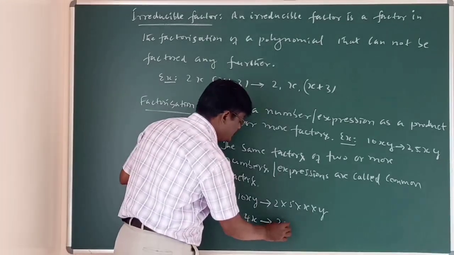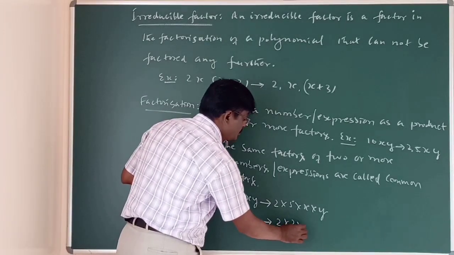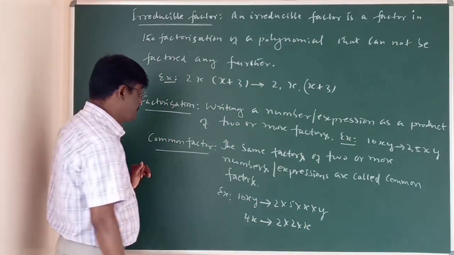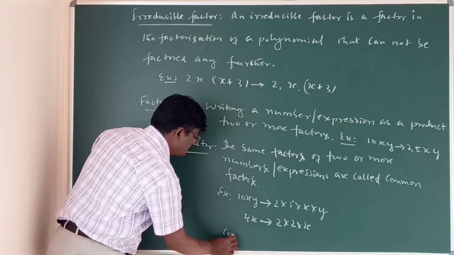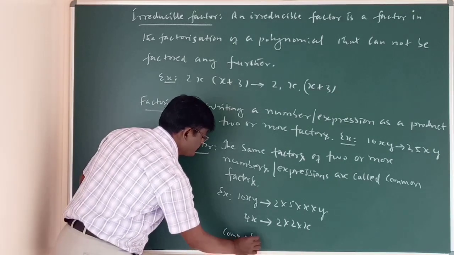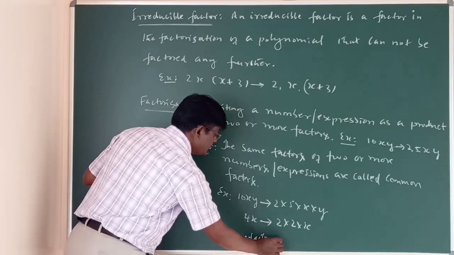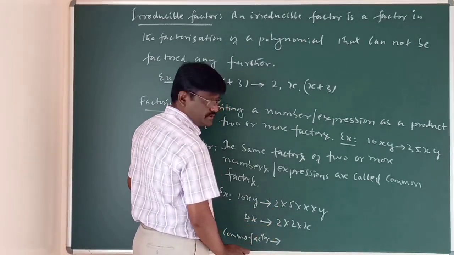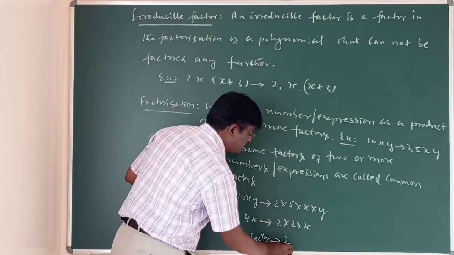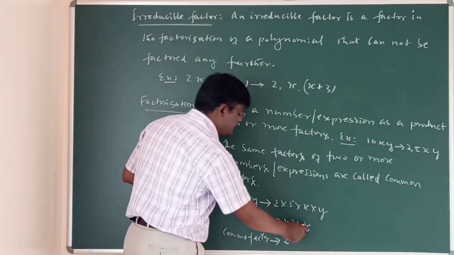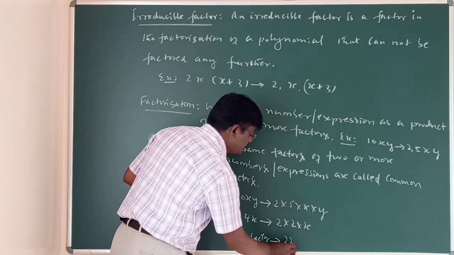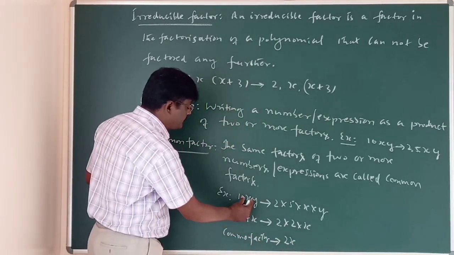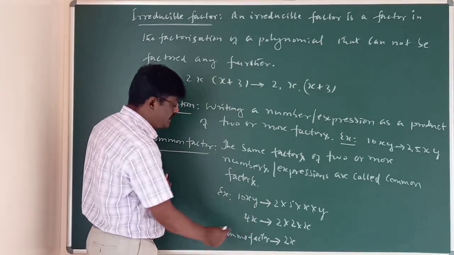This can be written as 2 into 2 into x. Now, what about the common factor? Here we have 2 common, then x is common. Therefore, 2 into x, 2x, is the common factor between these two, 10xy and 4x.